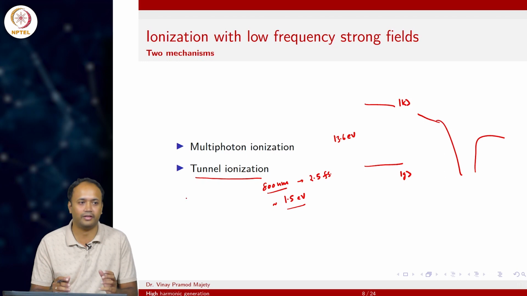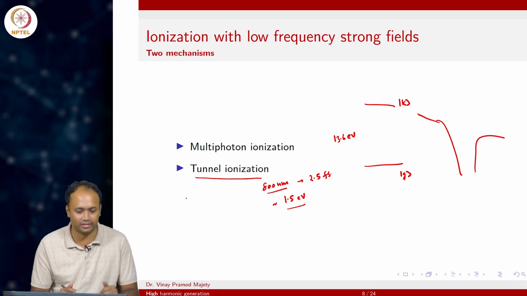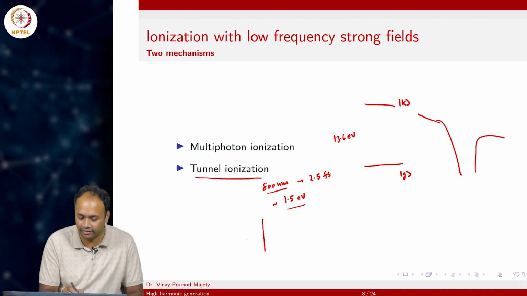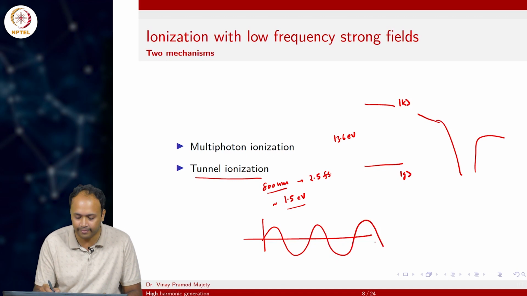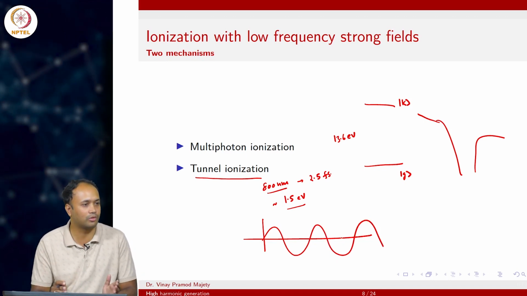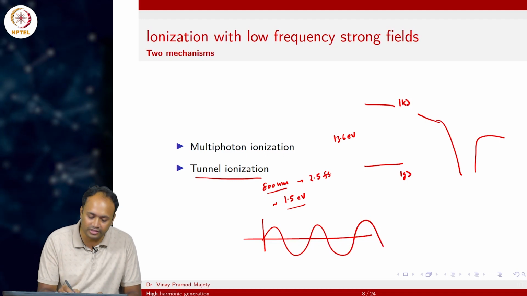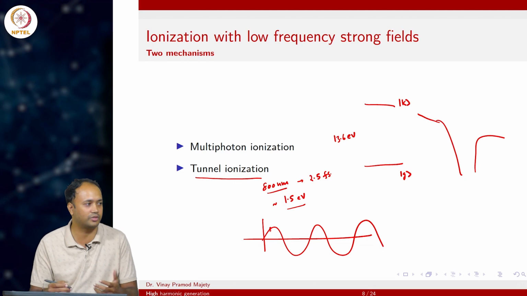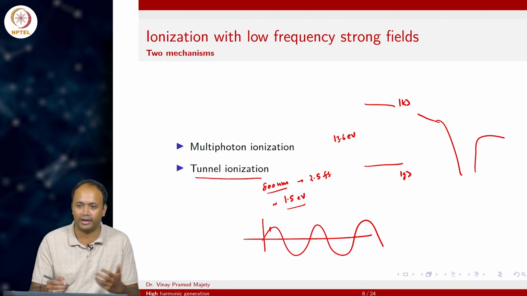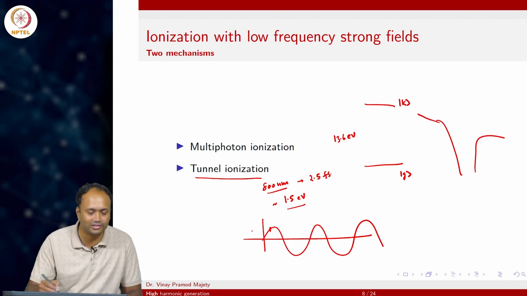Let us say you have one snapshot where the electron sees a particular field strength. I have this oscillating electric field, but let us say the frequency is very slow compared to the time scales of electron motion. So at this point it sees this field, and it responds to that field very fast, but the field is changing slowly.